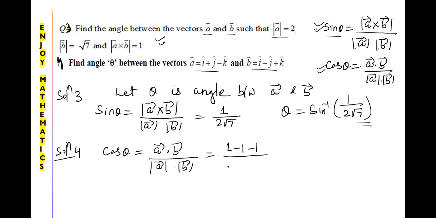Then magnitude of A is under root 3, magnitude of B under root 3. So we are getting minus 1 by 3. So theta equal to cos inverse minus 1 by 3. So this is angle between the given vectors A and B.